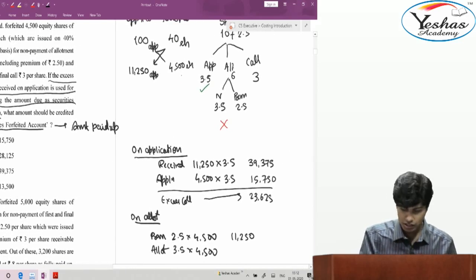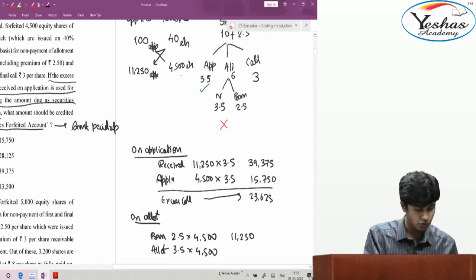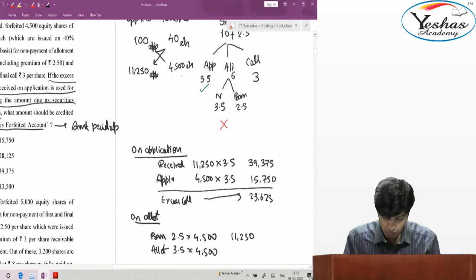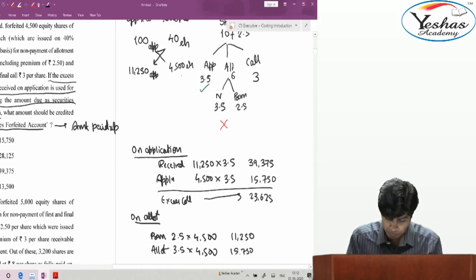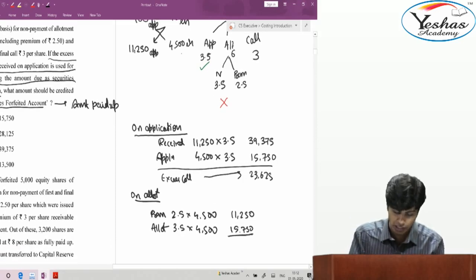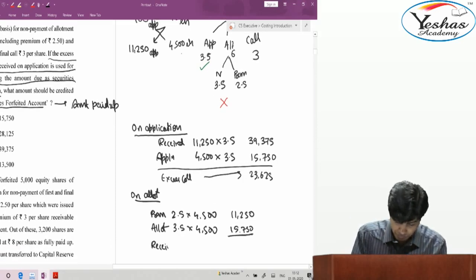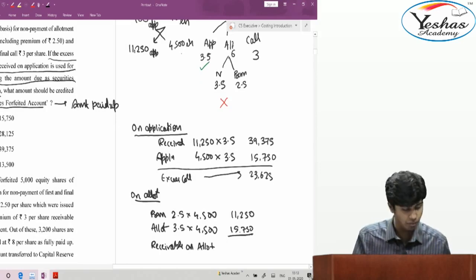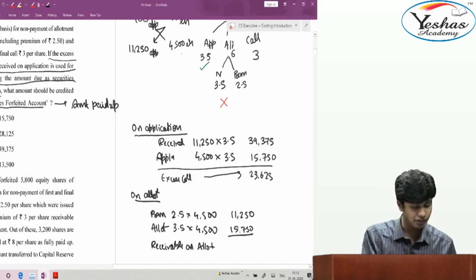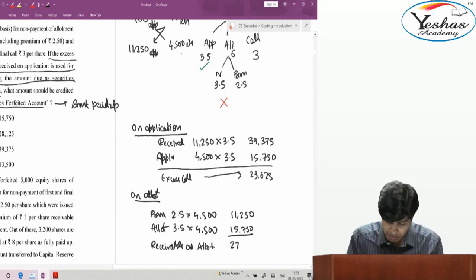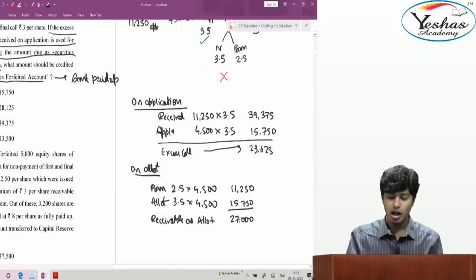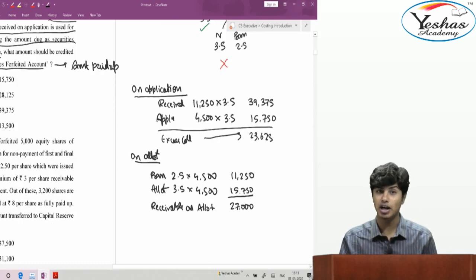So let us do this. 3.5 into 4,500 comes to 15,750. So in total, how much am I supposed to collect? Receivable on allotment is 15,750 plus 11,250, together 27,000 rupees. You get that? How much is the calls in advance that I already have?